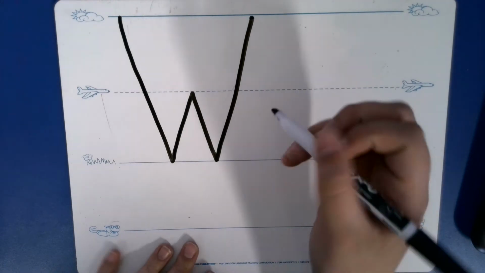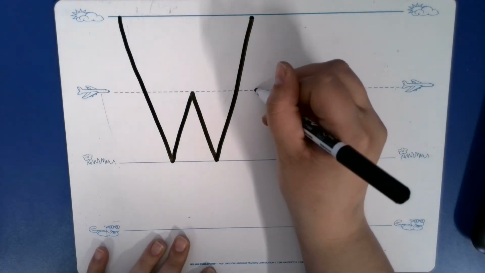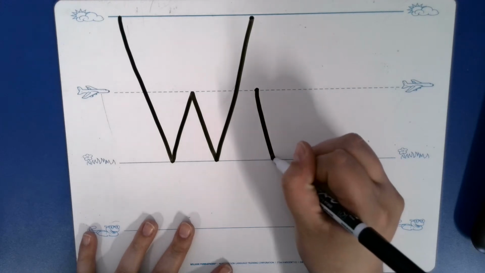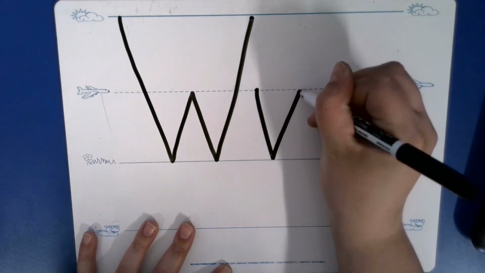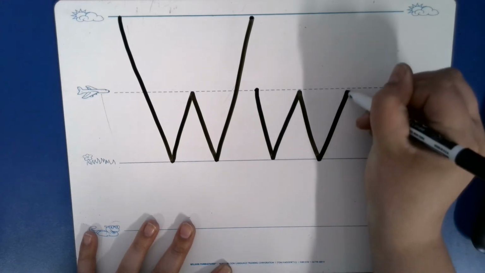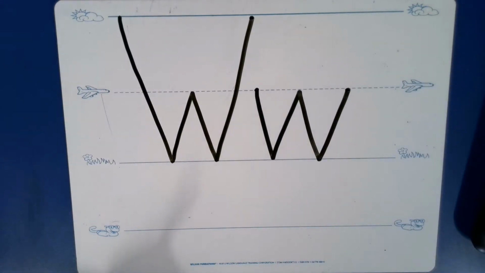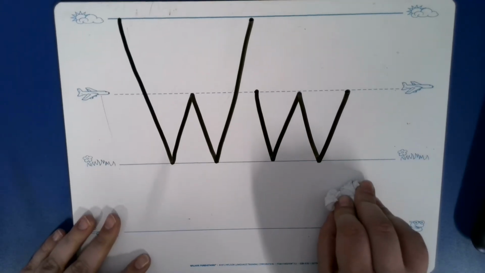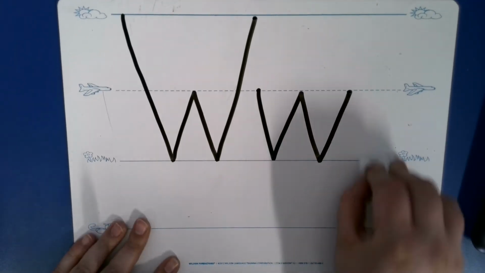For a lowercase w, we start at the plane line, slide down to the grass line, up to the plane line, down to the grass line, up to the plane line. W, wind, w. All right, practice your W. Pause if you need to see it, or rewind if you need to see it again.